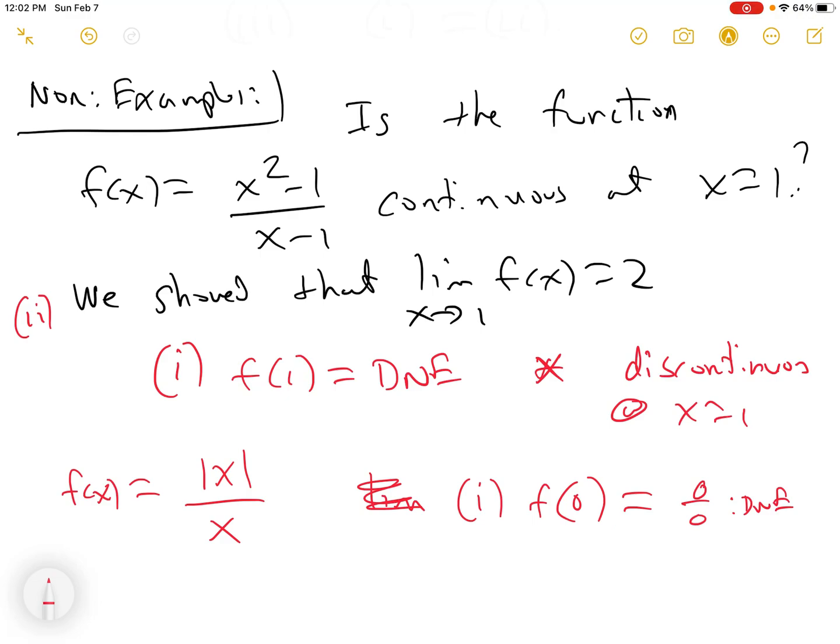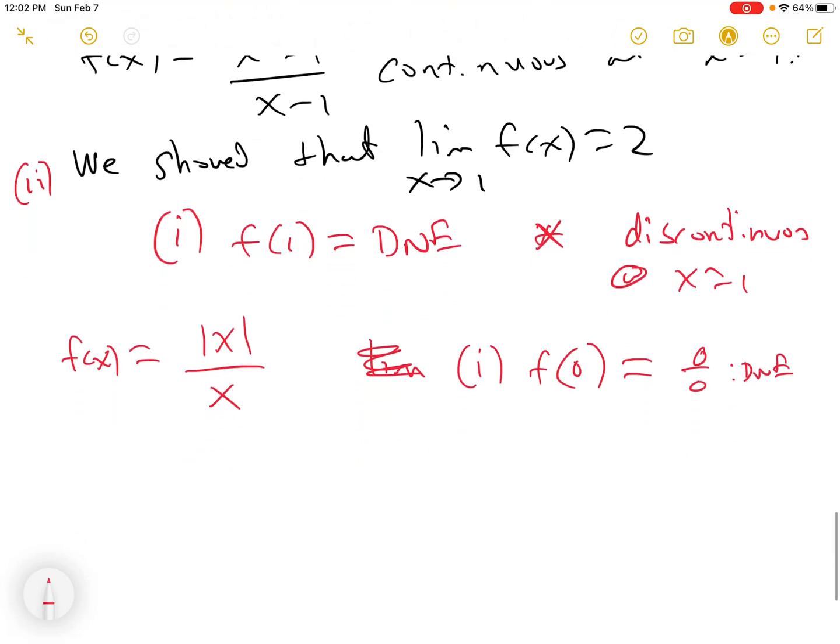You don't even have to check the limit, because even if the limit does exist, which it doesn't, it's discontinuous there. If you graph this, it's 1 up there and minus 1 down there. So the right-hand limit is 1, the left-hand limit is negative 1, and they're not equal either. So there's no two-sided limit, and f of 0 is undefined.